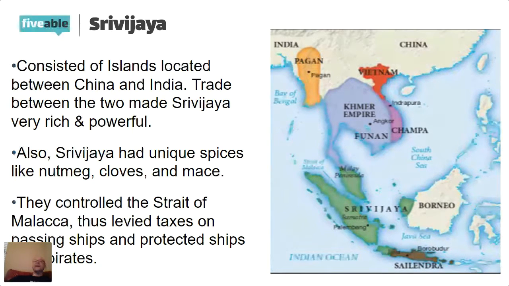So then they would sail and they would try to go to India, but you can't go to this beautiful channel called the Strait of Malacca. And so Srivijaya, which is the kingdom in green here, they became filthy uber rich just by charging taxes to people who came through with their ships.